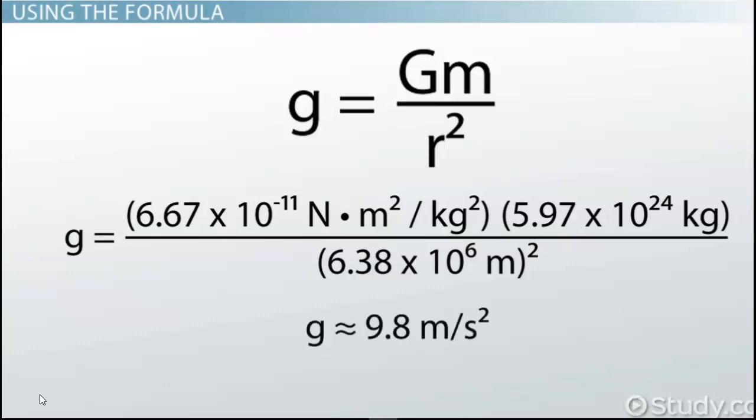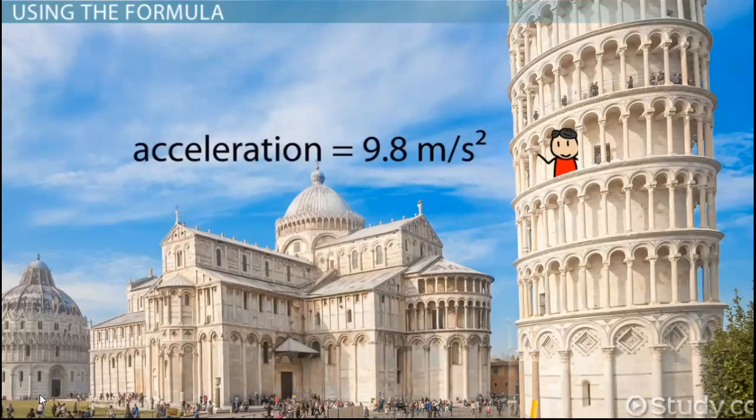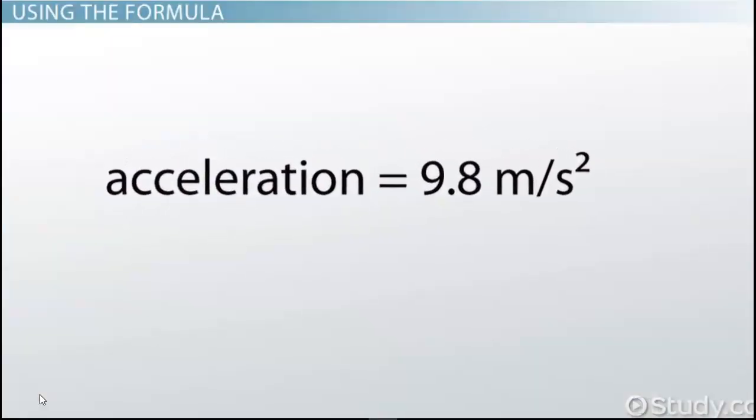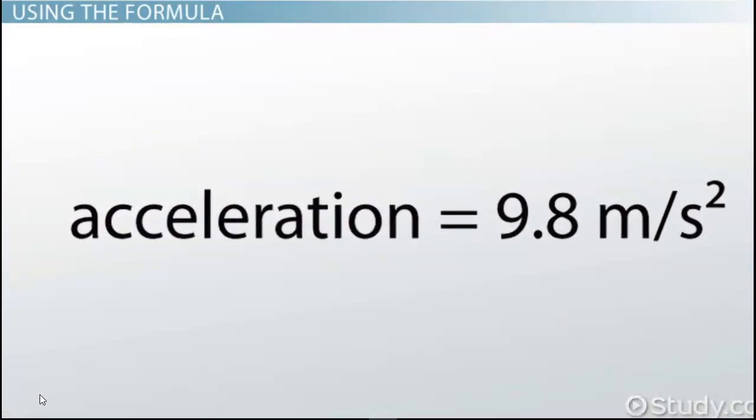This equation gives you a G-force of 9.8 meters per second squared. This means that if you drop something from the top of a high-rise, your object will fall with an acceleration of 9.8 meters per second squared. This number for the acceleration caused by gravity is the number used in most physics problems that you'll come across.